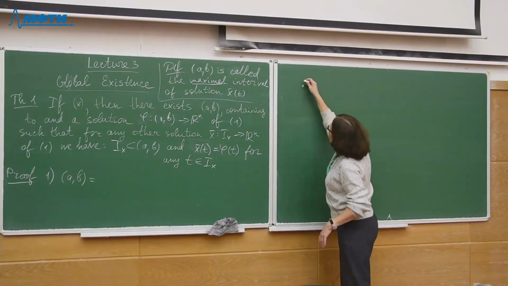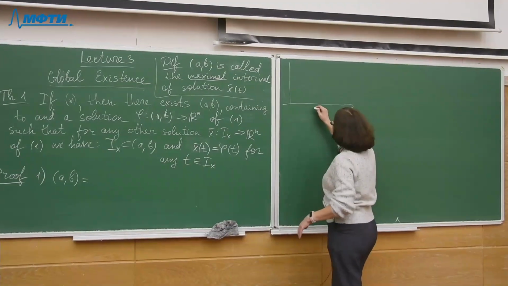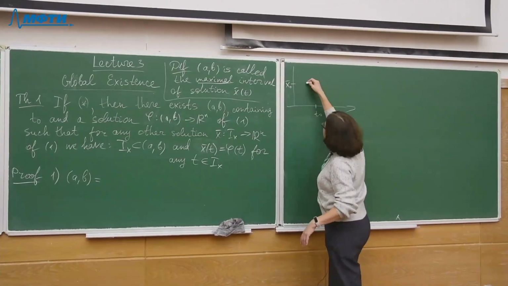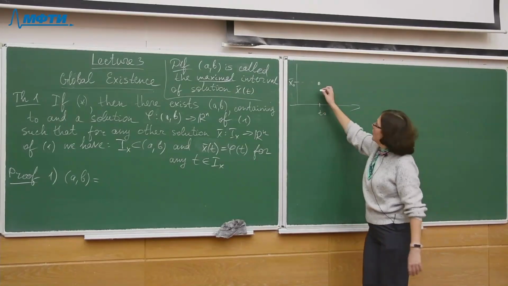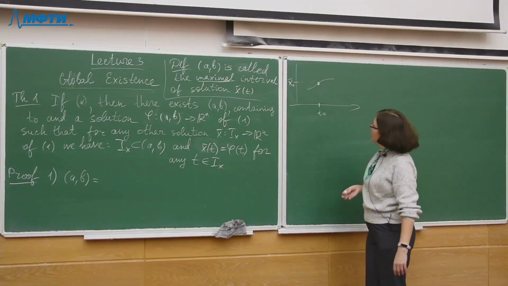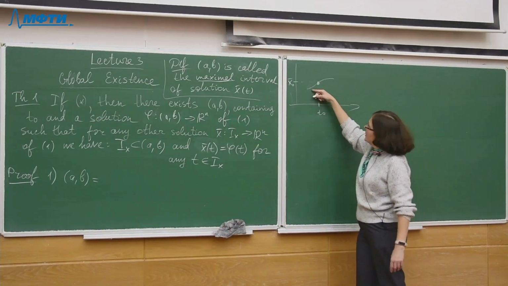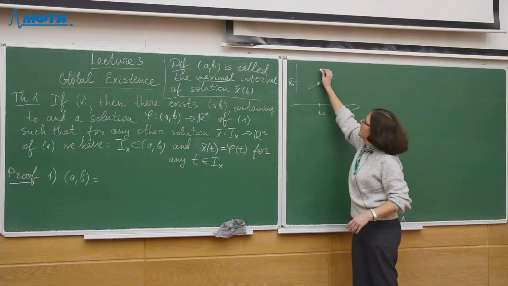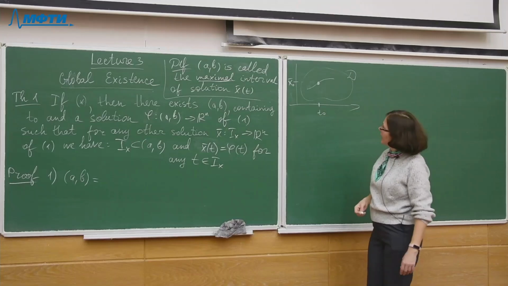Let's fix the point t0, x0. Let's fix the initial value. And let's consider all the intervals containing t0 on which there exists a solution to this initial value problem. So this should be inside D. D is an open set.